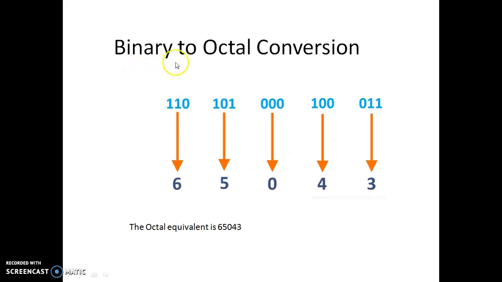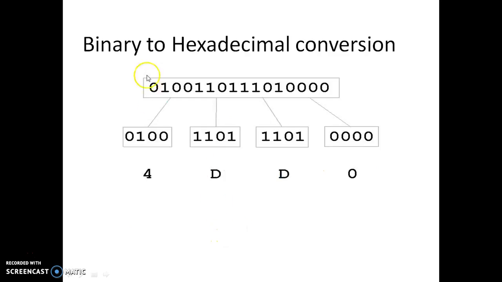And next we see binary to octal conversion. The given binary number is to be divided into groups of 3, and the equivalent octal value is to be written, so that we get the octal equivalent value 65043. Next we see binary to hexadecimal conversion.